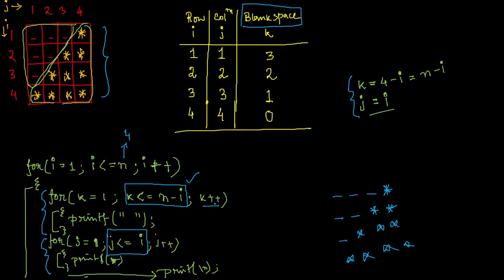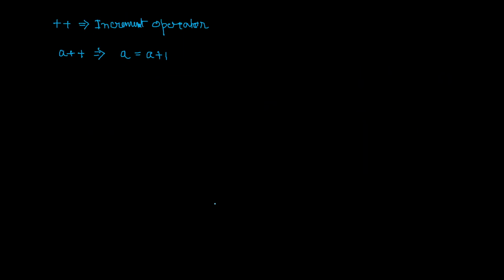If you want to increase the value of the loop variable by 2 for a special case, in that case k plus plus will never work. You have to explicitly write k equal to k plus 2. Anyway, in the same way we have minus minus also. Minus minus is basically the same thing, but it's the decrement operator.